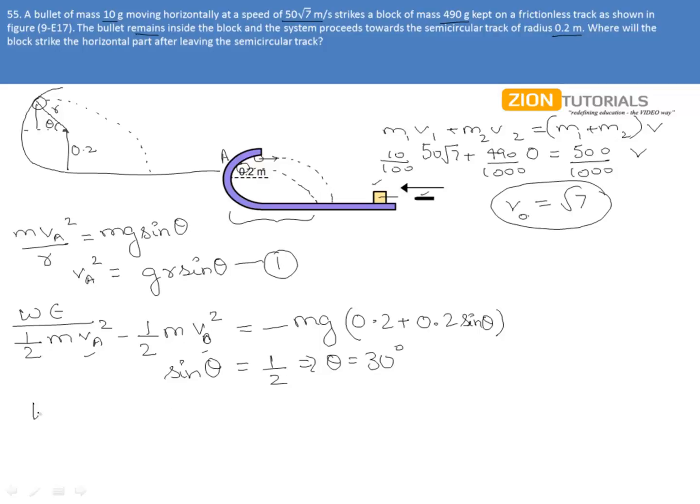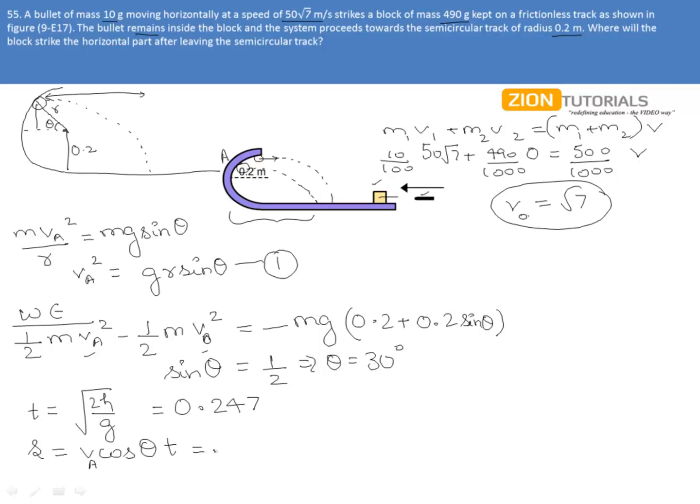That time comes out to be under root 2h by g, which is 0.247 seconds. And what will be the distance? I'm counting the distance from this part only, that is the horizontal distance, this one. That distance will be Va cos theta into time t.